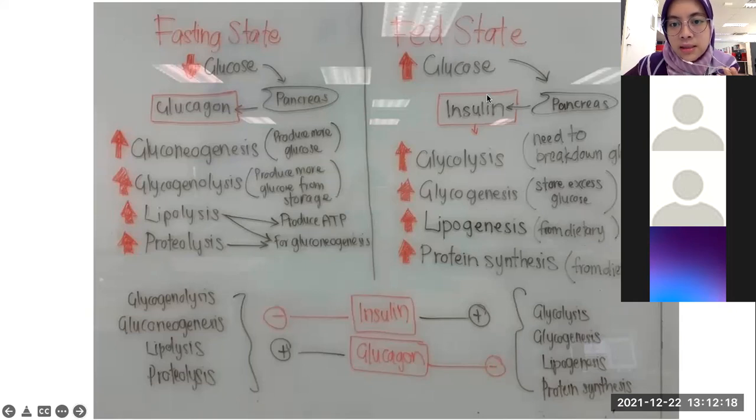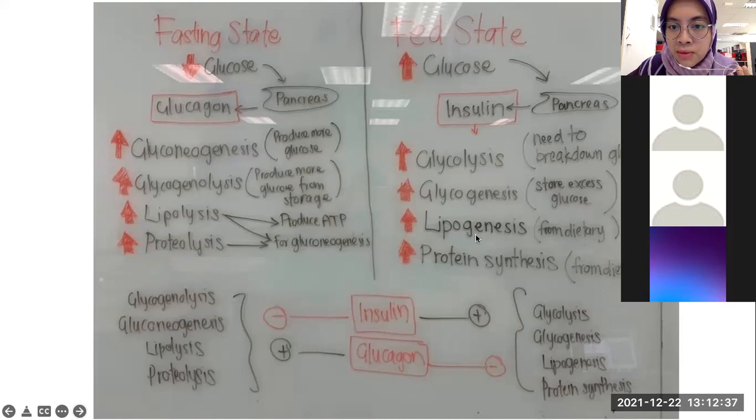Okay. So next point, what happens in fed state is lipogenesis. We don't cover this in our syllabus, but just for you to understand lipogenesis: lipo is the fat tissues, genesis means to form.